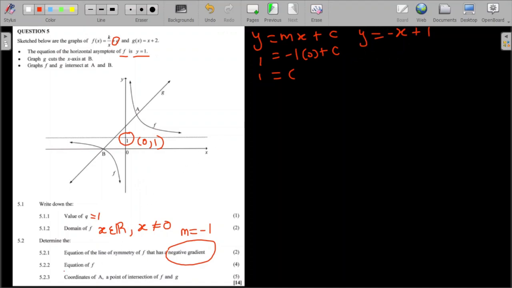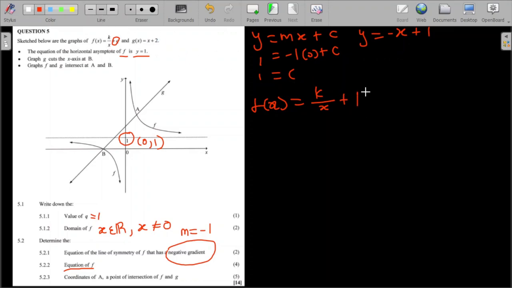Now determining the equation of f. Now let me write my f down. In this case, f of x is going to be equals to k over x plus q. Remember, we already know the value of q is 1, so let me just write it here because we've already found it.